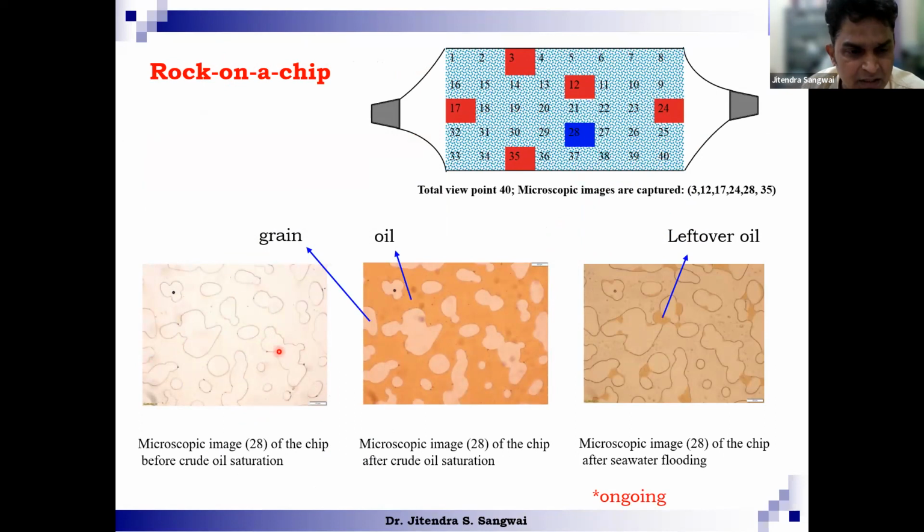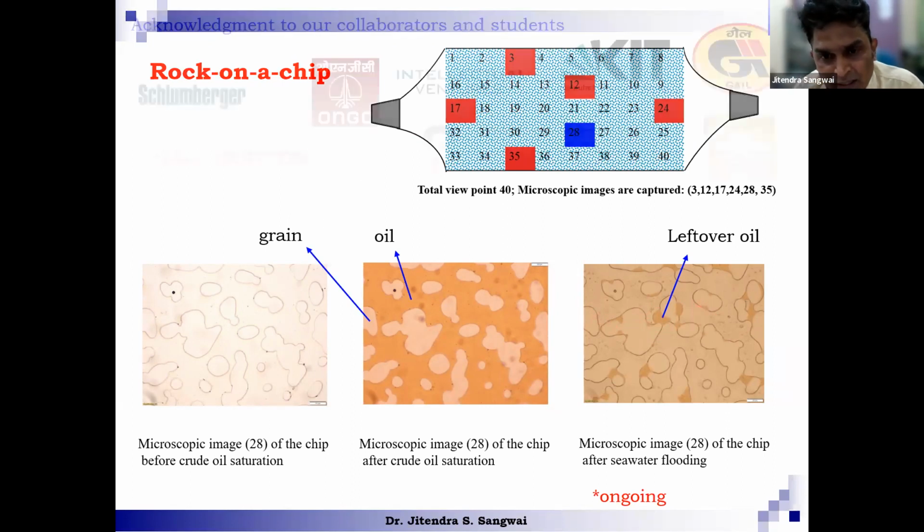You can see the grains here, and there is oil present in this microfluidic chip, and that is where we flood different types of injection fluid, like low salinity water or smart low-sal, which consists of the nanofluids or nanoparticles, and we could observe that the oil is really getting out of the rock matrix using the rock-on-chip mechanism. This is ongoing work, and hopefully we'll be submitting a manuscript very soon. And that is where we are right now as far as this work is concerned.